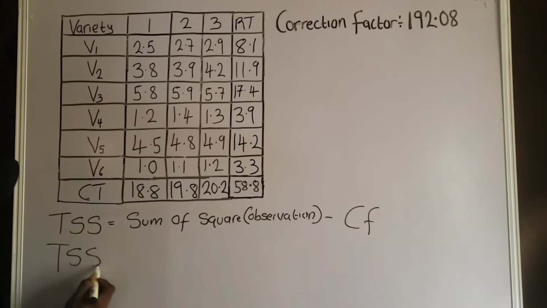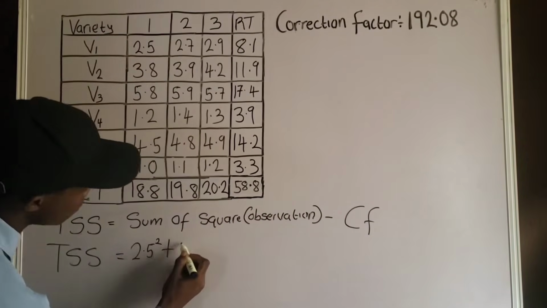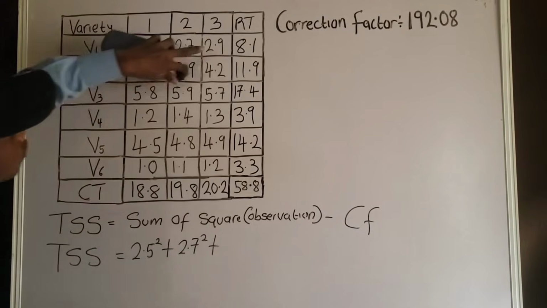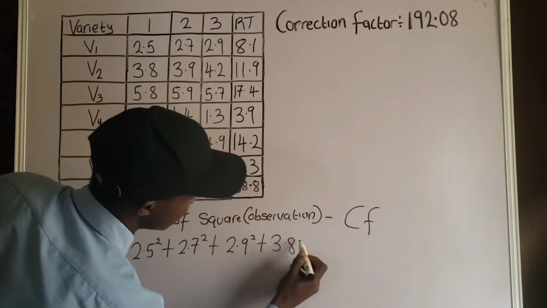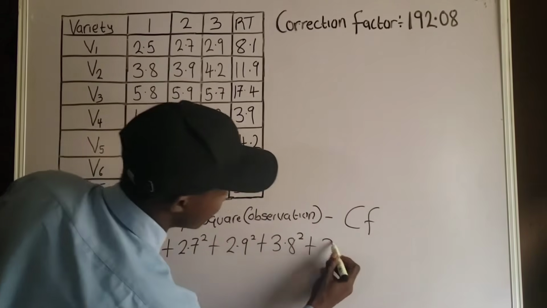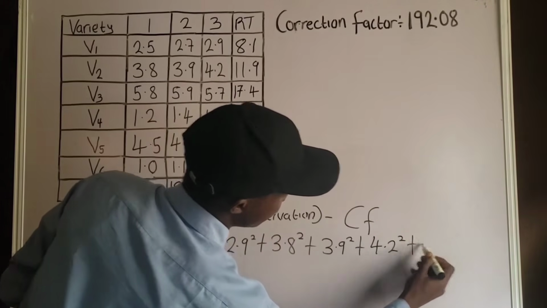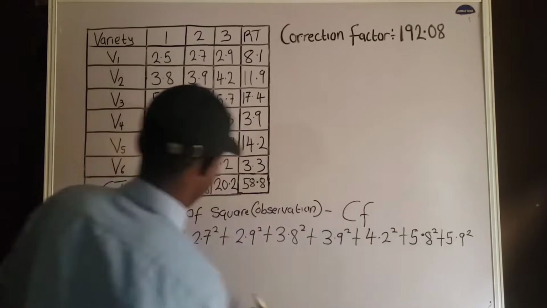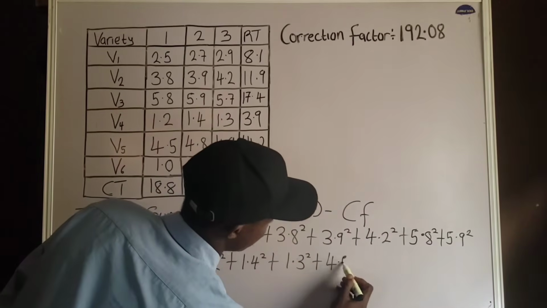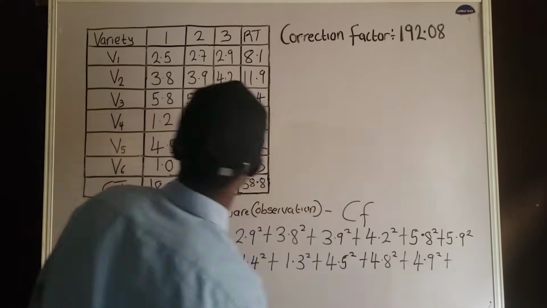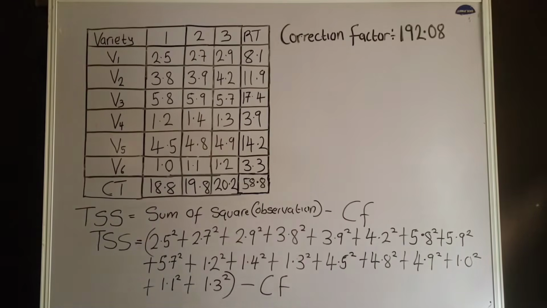So the total sum of squares is equal to 2.5 squared plus 2.7 squared plus 2.9 squared plus 3.8 squared plus 3.9 squared plus 4.2 squared, and so on.